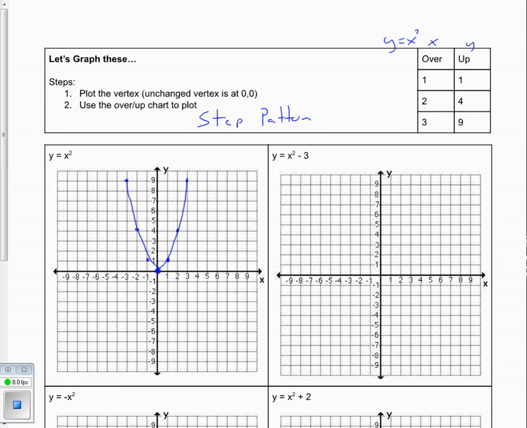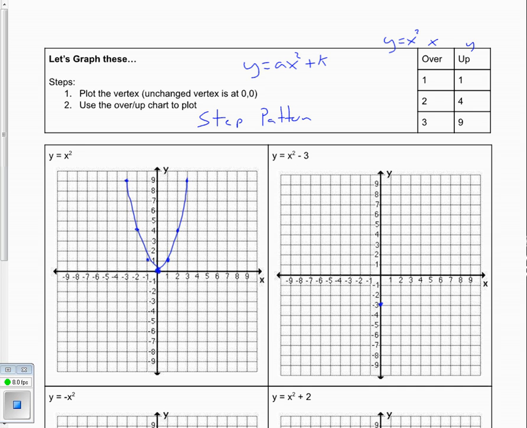Remember that the k value has changed. We talked about the basic equation y equals ax squared plus k, and when the k value is a negative number, it shifts the vertex down by 3 units. So now the vertex is no longer at 0, 0. The vertex is going to be at 0, negative 3.